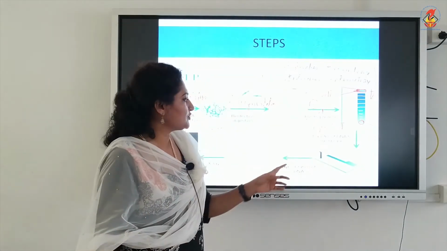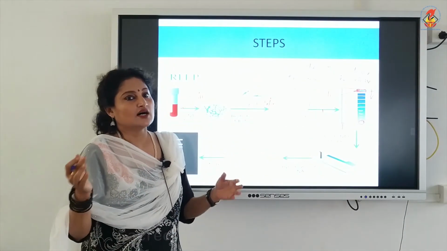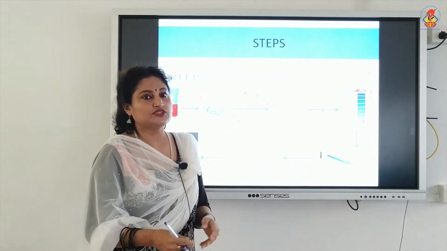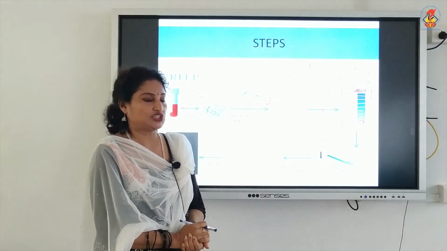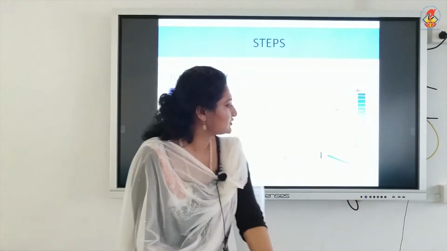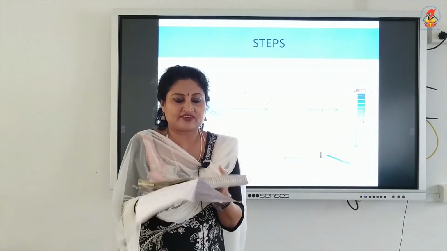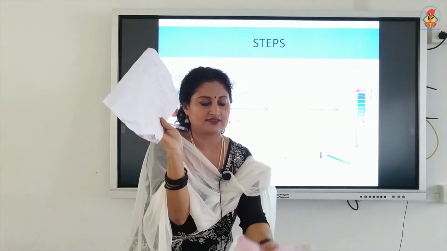So all you need to know is, the next step is transferring the segregated DNA fragments onto a nylon paper or nitrocellulose sheet. That is simply like this. So the diagram also shows it like this. This is the agarose gel. Once again I am reiterating, agarose gel, just this, and we get it on this. Okay.